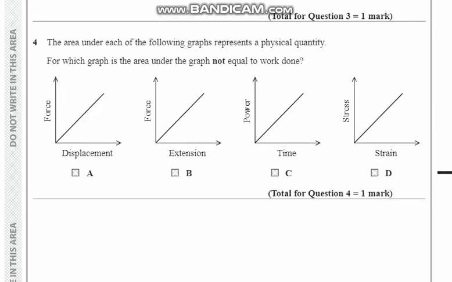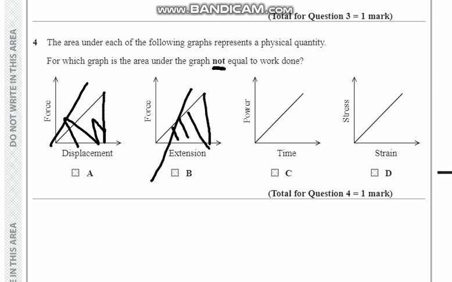Moving on to the fourth question, the area under each of the following graphs represents a physical quantity. For which graph is the area under the graph not equal to work done? We can see that the force displacement graph does show work done under the area, so that's not the answer. The force against extension graph also shows work done under the graph, so that's not the answer either.